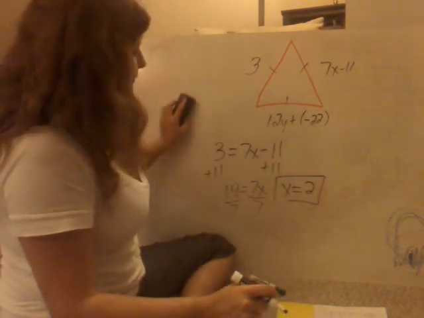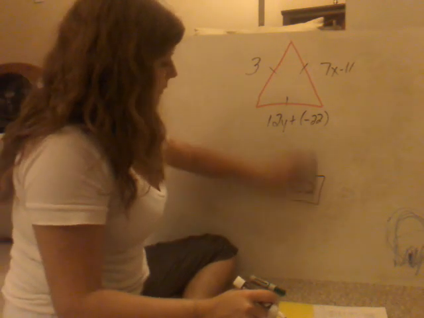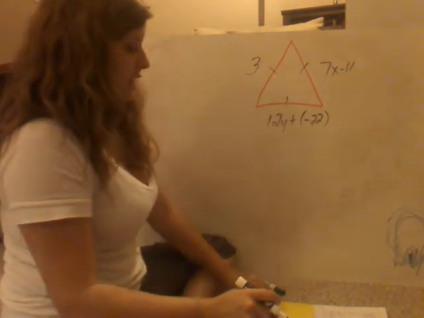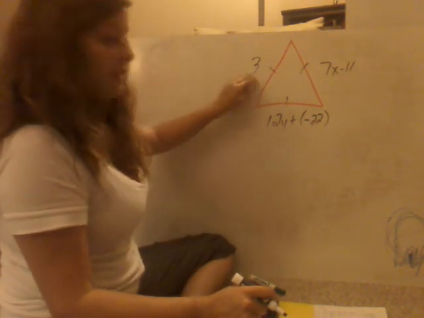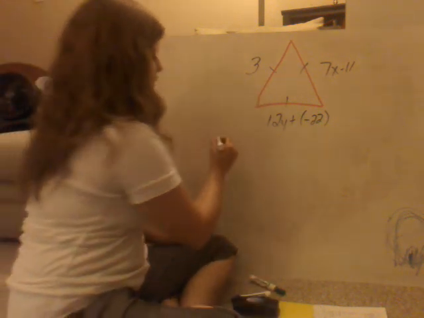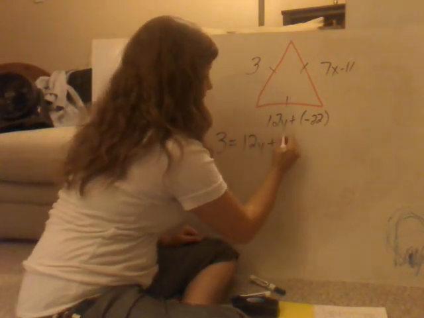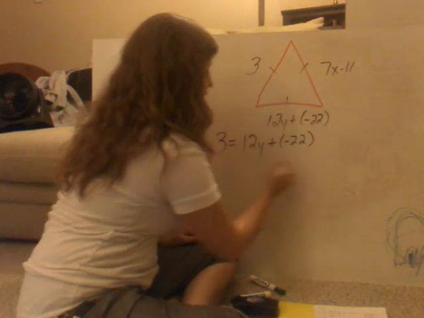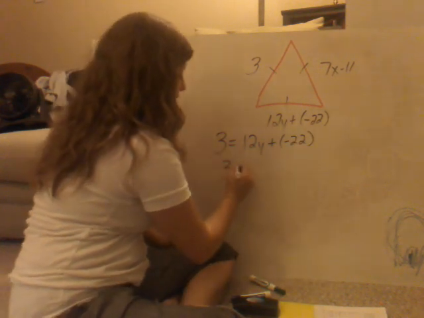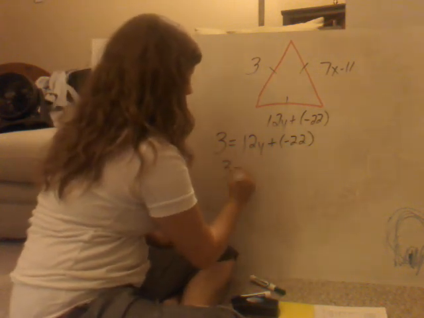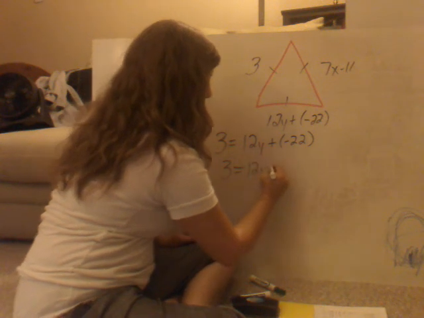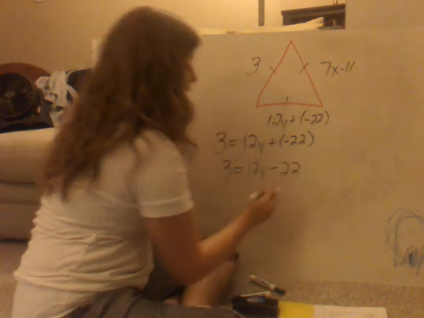Alright? Now I want to find y. I do the same thing. Whatever this is still equal to 3. So I have 3 is equal to 12y plus a negative 22. This is the same as writing 3 is equal to 12y minus 22.